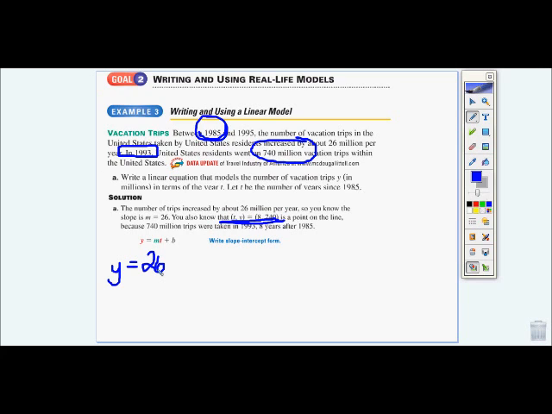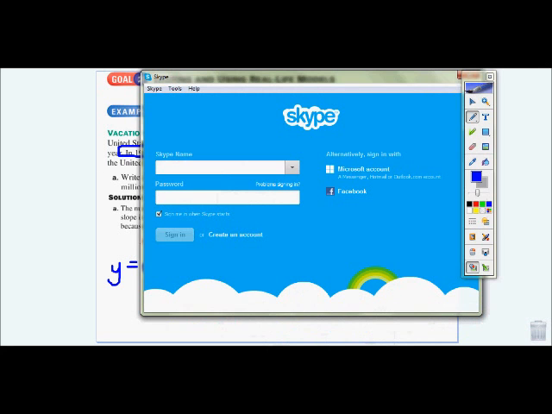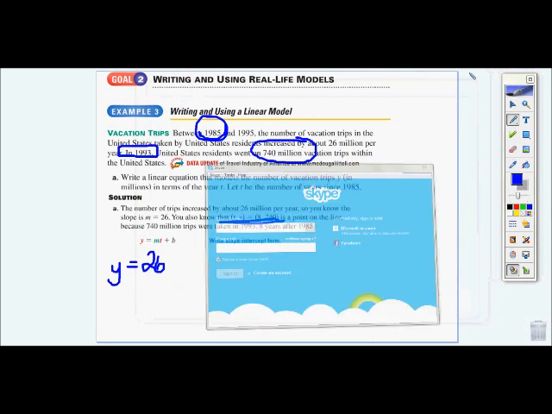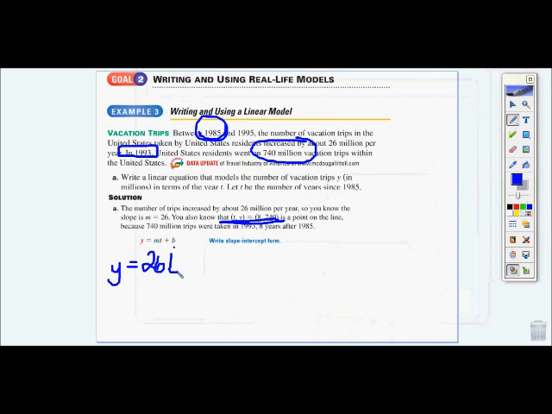Our time, we're not sure of yet for our initial equation. Okay, 26t, plus b.